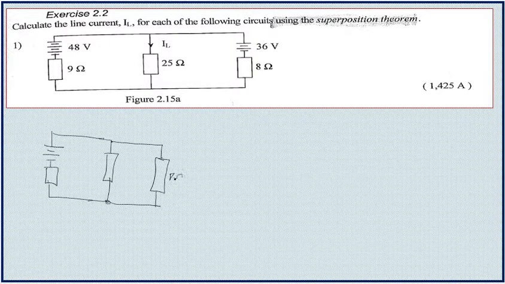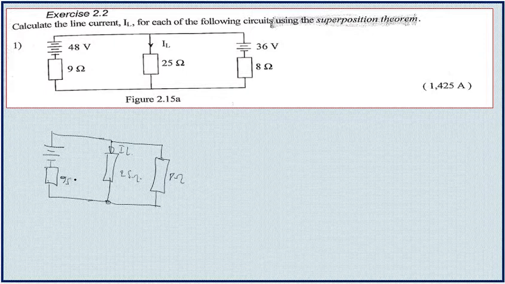Here we have 8 ohm, 25 ohm, and that is IL. As we can see, there is no 36 volts because we just short circuited the second source of voltage. The resistance here is 9 ohm, and here we have 48 volts.